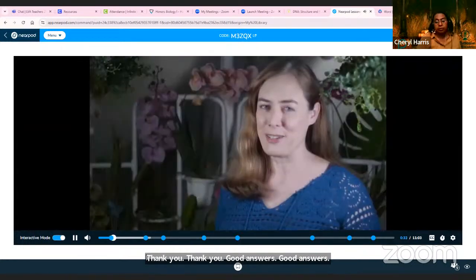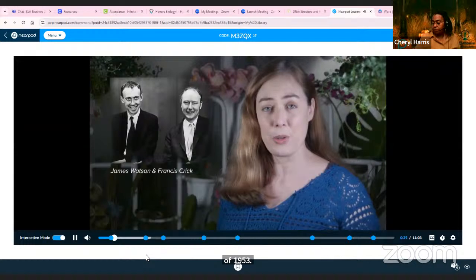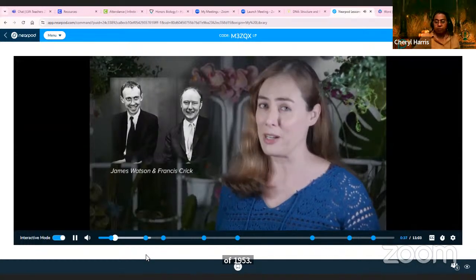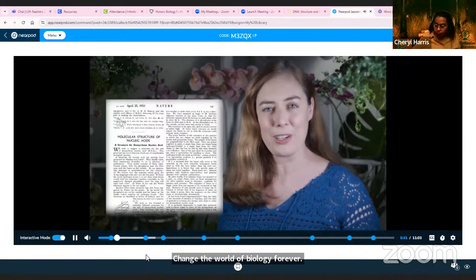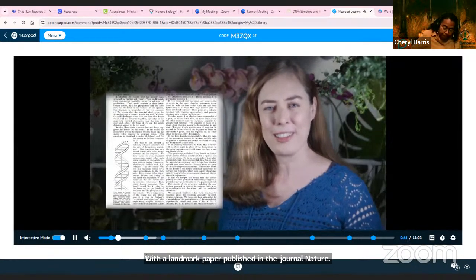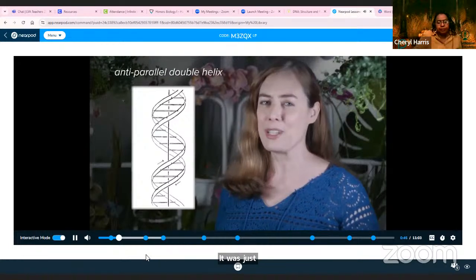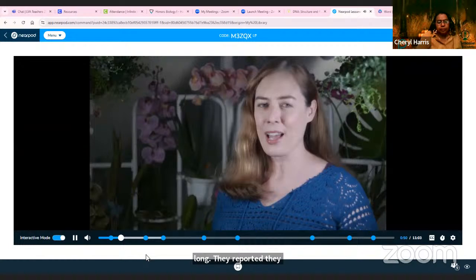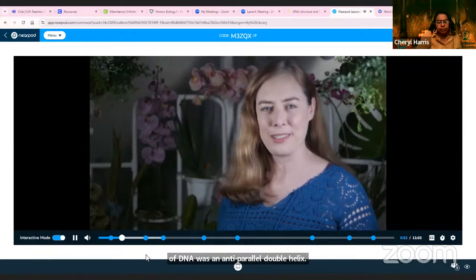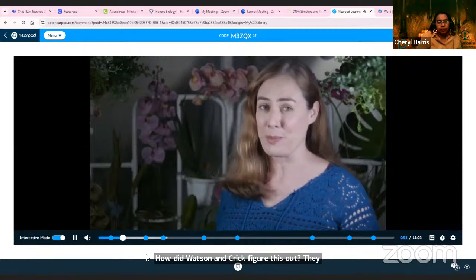In April of 1953, James Watson and Francis Crick changed the world of biology forever with a landmark paper published in the journal Nature. It was just 1 page long. They reported they had determined the structure of DNA was an anti-parallel double helix. How did Watson and Crick figure this out? They didn't do any experiments.